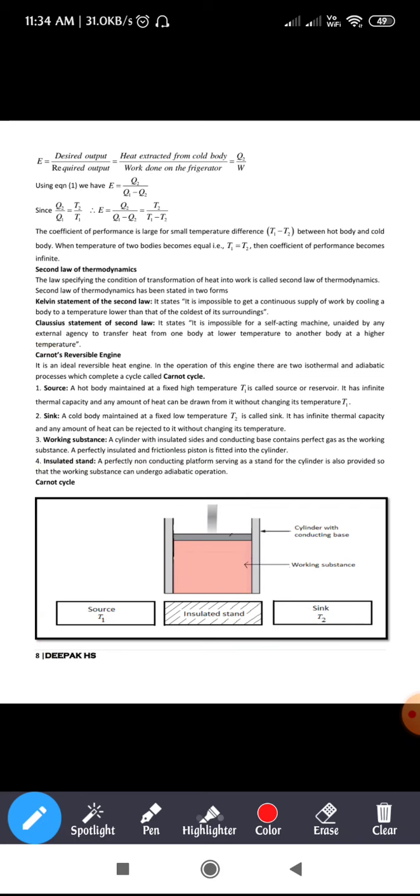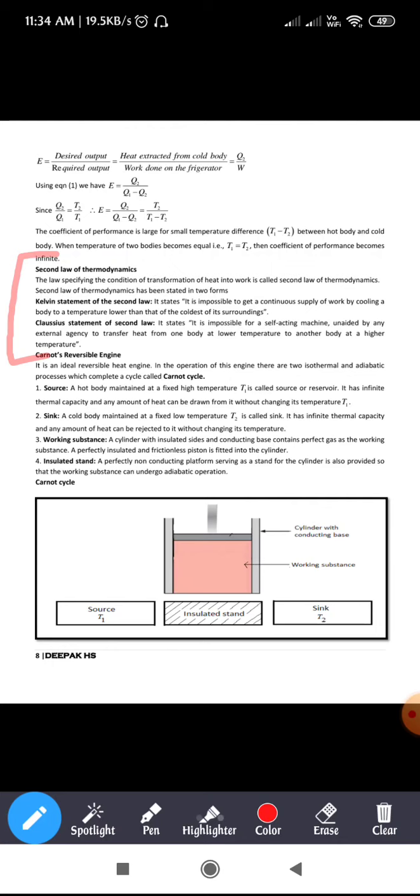Before that we have the second law of thermodynamics. Since we have come across the zeroth law and the first law of thermodynamics, now it's time to go through the second law of thermodynamics. The second law is stated in two ways: one is Kelvin's statement of the second law and another one is Clausius statement of the second law.